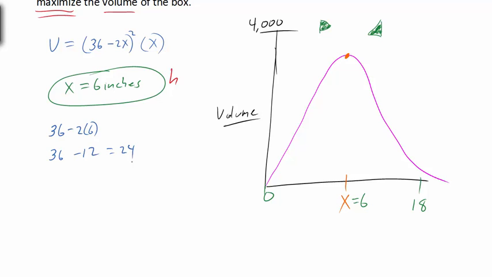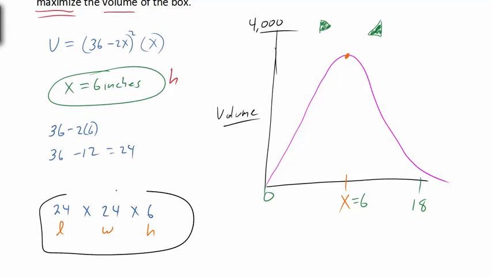So what that tells us is for our box, we're going to have 24 by 24 because we know the length and the width are going to be the same. And then, of course, the height is equal to 6. So here we would end up with a box that is 24 by 24 by 6, and that would give you the maximum volume.